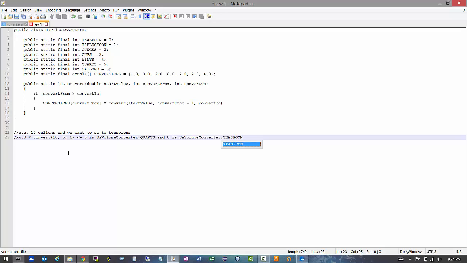So think of it that way, or just as the numbers, whichever makes this easier for you.